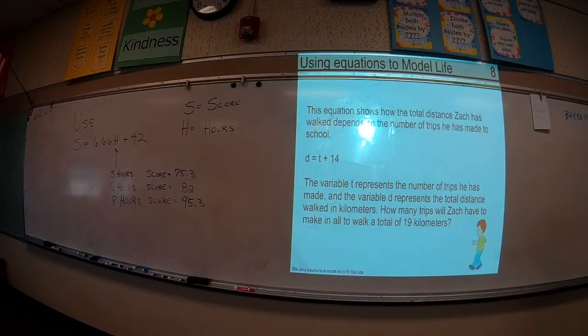The total distance you walk. Brooke, what does the T stand for? The number of trips. Maddie, what number have we been given? 19 kilometers. Is that going to go in for the distance or the trips? The distance. You're going to put 19 in for the D.